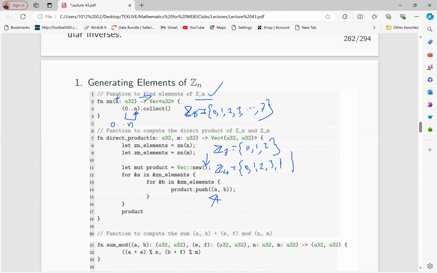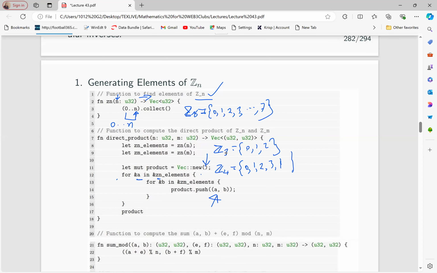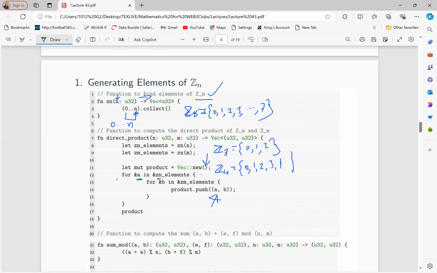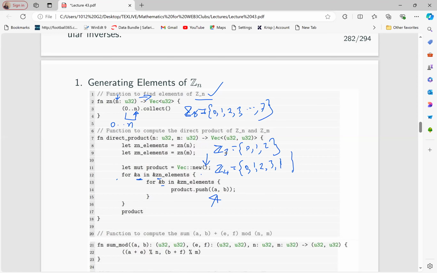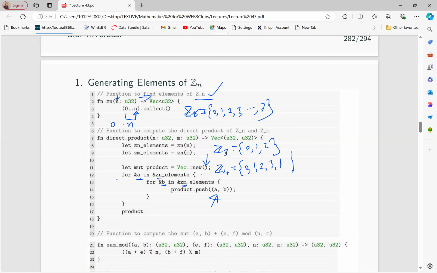That's why I've said for A in Zn elements, for every A in Zn, and then B in Zm, it pushes that combination of those two elements to be an element of this direct product.